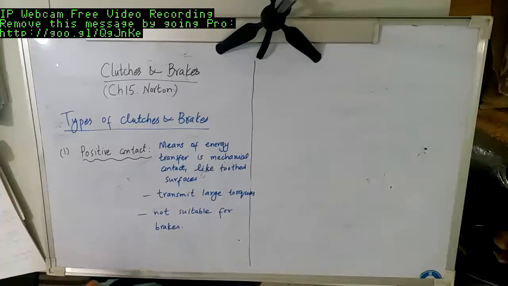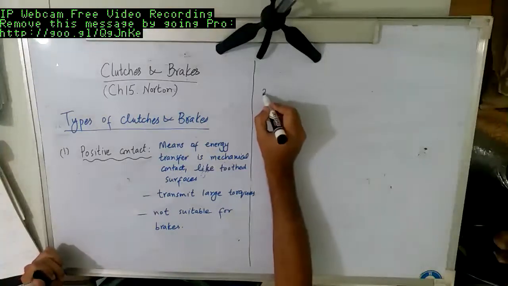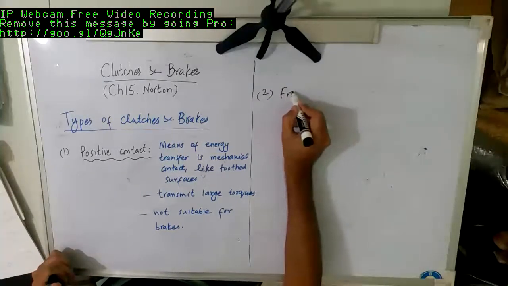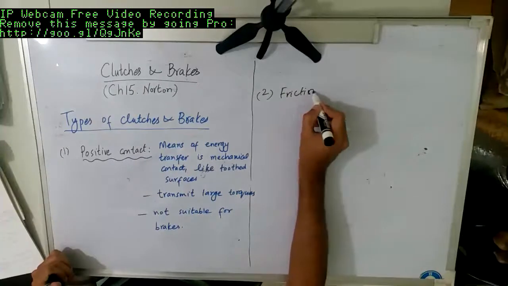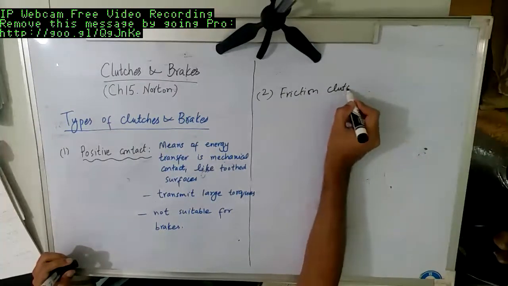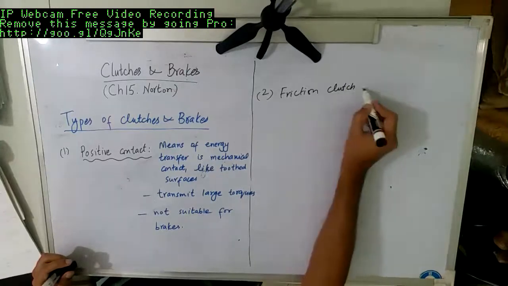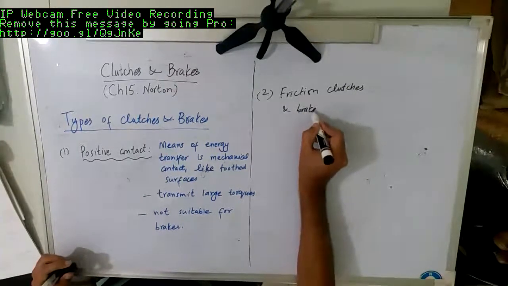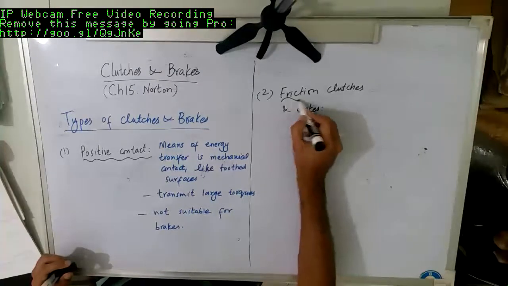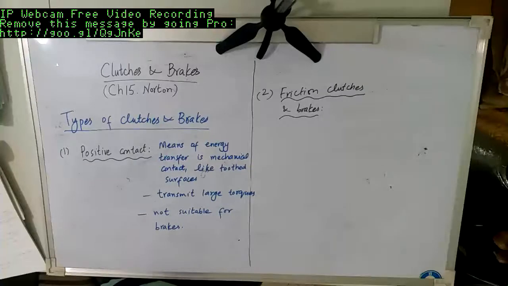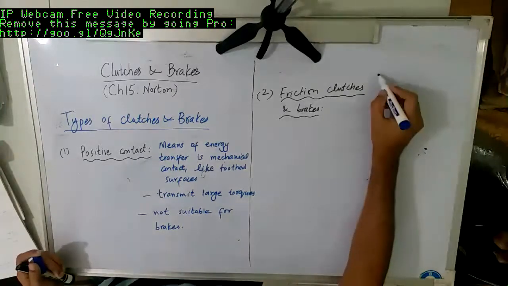The second and most common type of clutches and brakes is friction clutches. So as I said, these are the most common types.